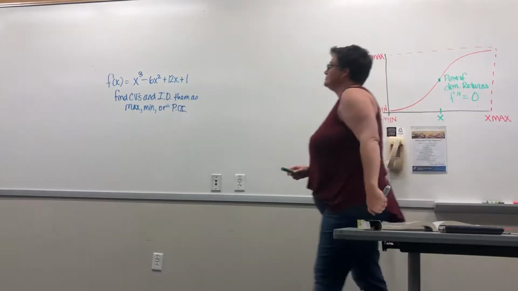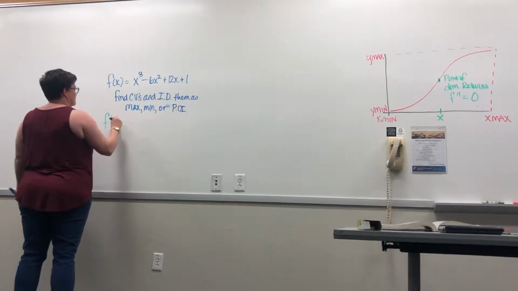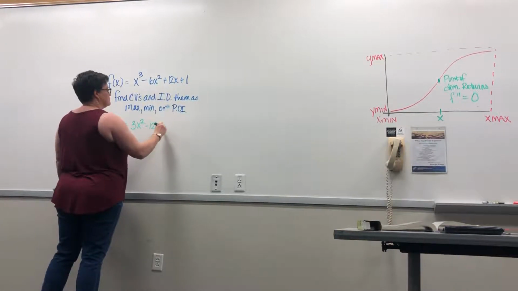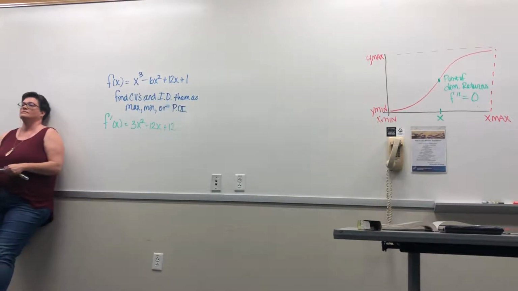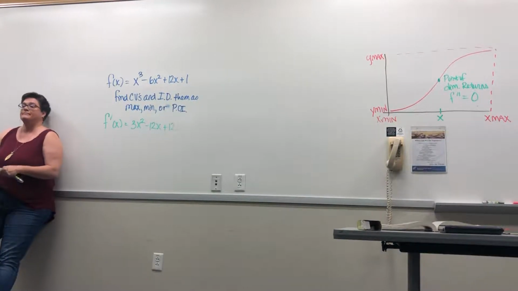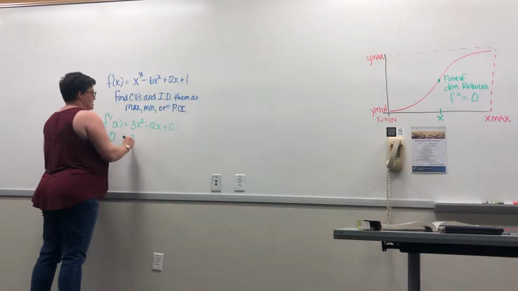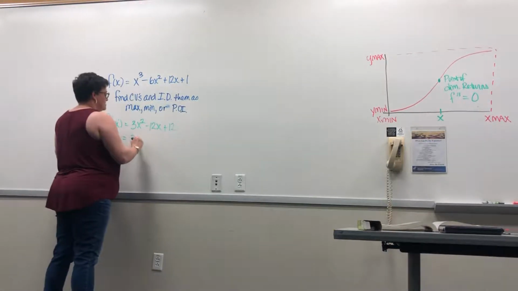Find the derivative. What's f prime? And we're going to set it equal to 0. Because first I said find them. So how do you find them? Set the first derivative to 0 and solve for x.